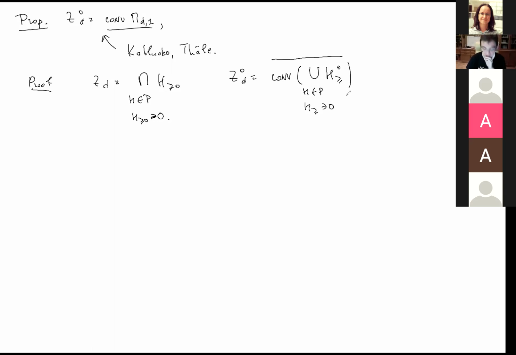And the polar set to a hyperplane is just a segment of this form. And since we know that this process has only a finite number of atoms, there are only finitely many summands here, so the closure can be removed, and this is a convex hull of PD1.